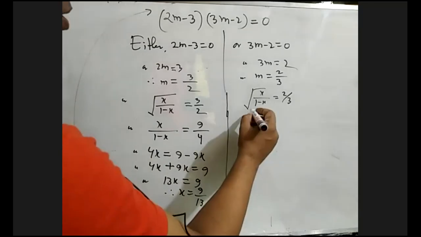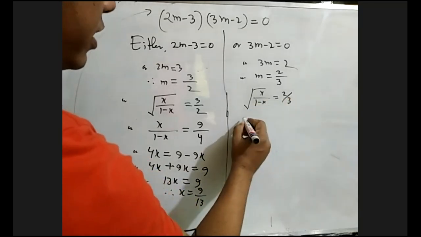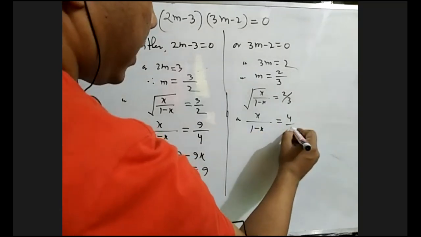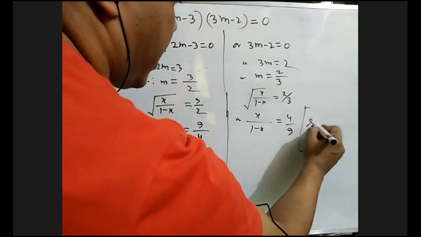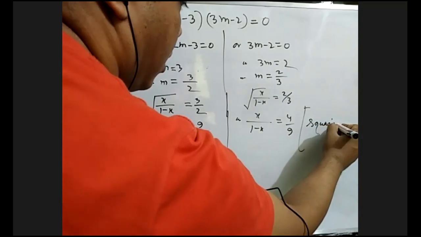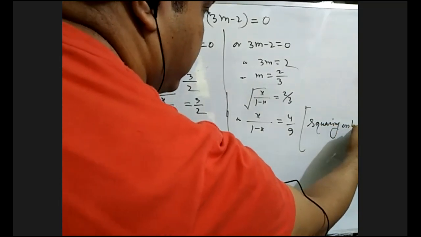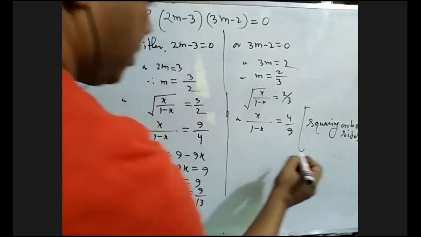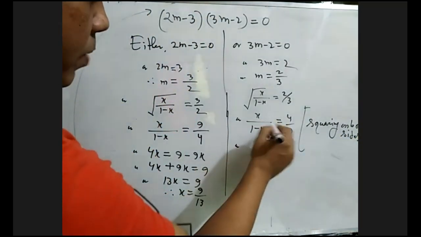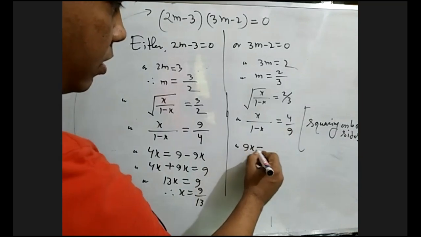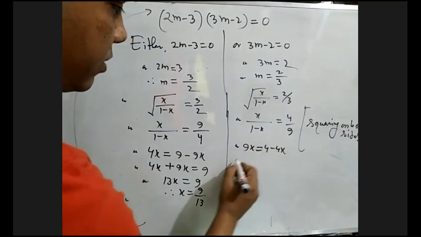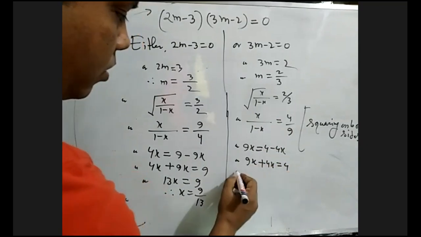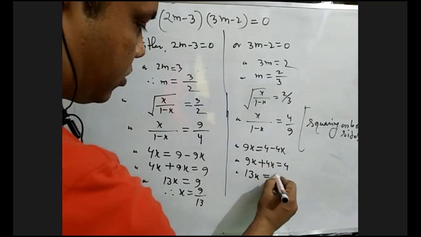Similarly, for the second part, squaring on both sides, we get 4 by 9. Squaring on both sides. Now by cross multiplication, 4 minus 4x, or 9x plus 4x equals 4. Therefore, 13x equals 4.